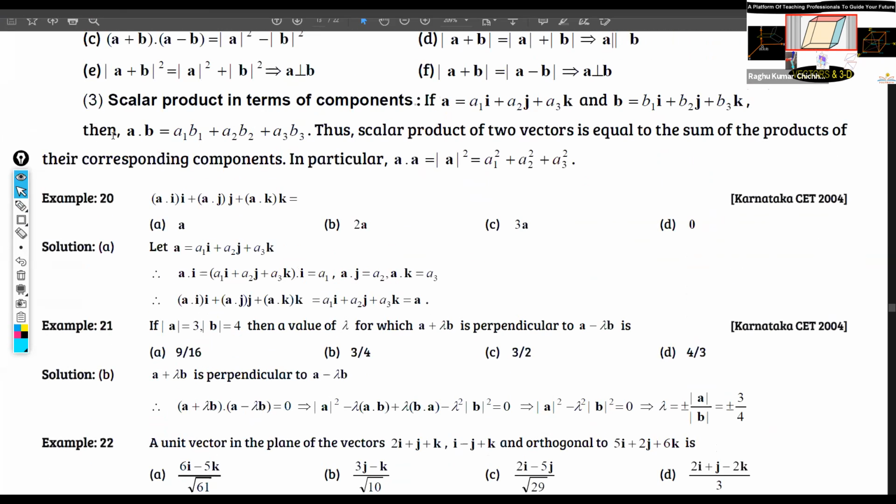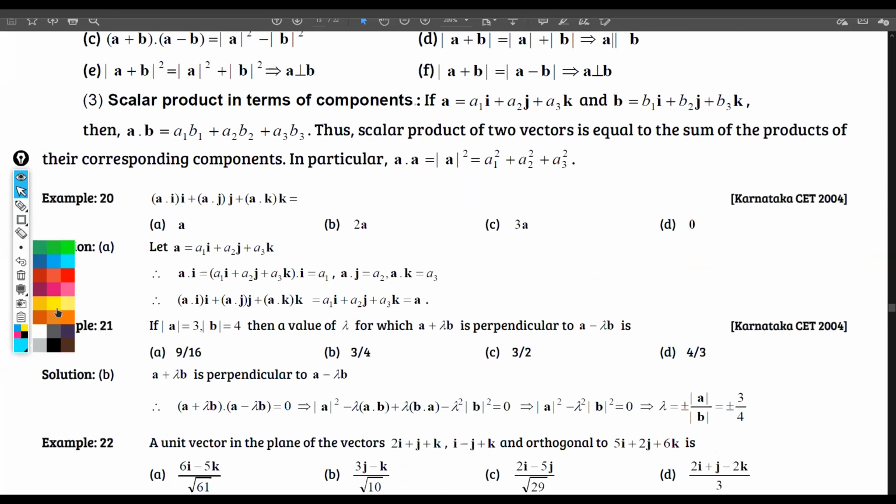Next one is Kaushik. Sir, just read that, please. A unit vector in the plane of vectors 2i plus j plus k, comma i minus j plus k, and orthogonal to 5i plus 2j plus 6k is.